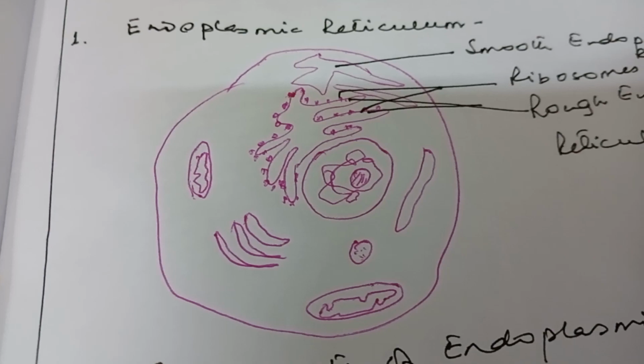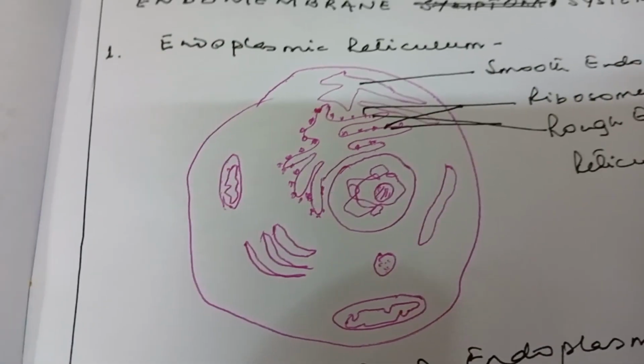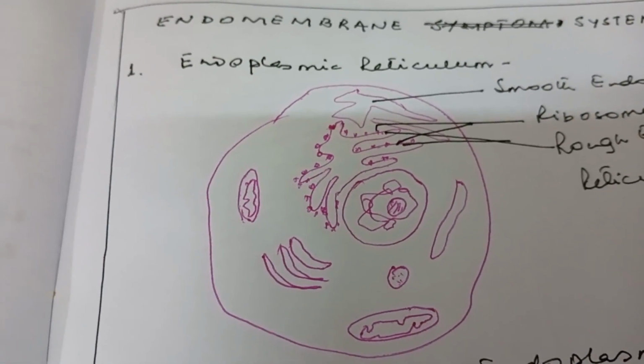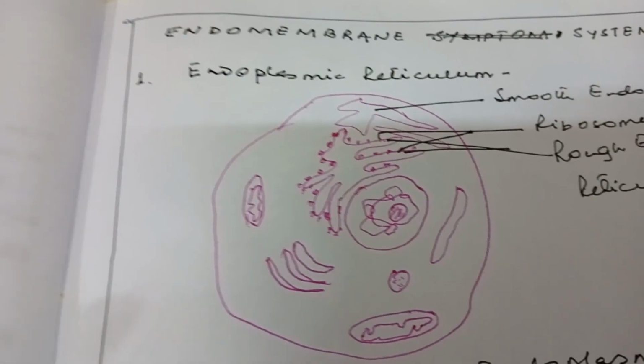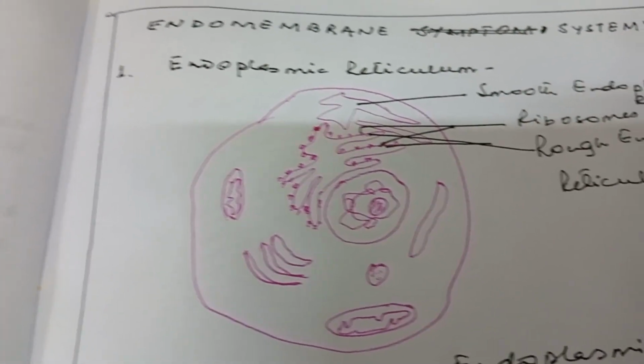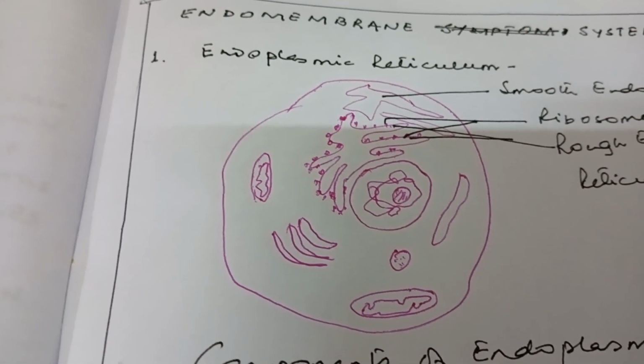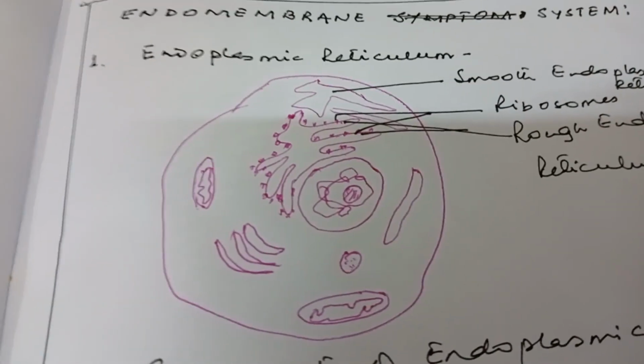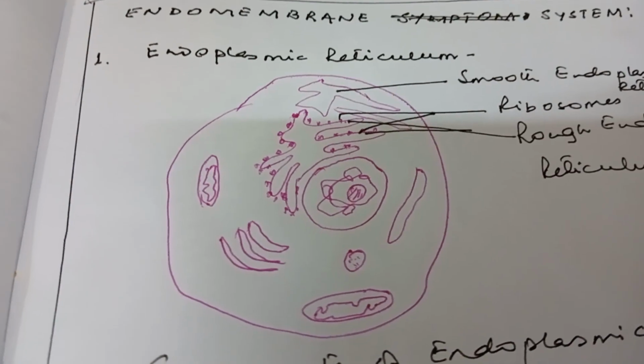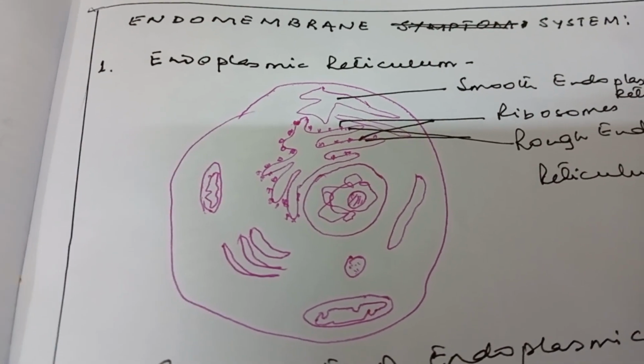These membranes divide the cell into structural and functional components or organelles. The four main components of the endomembrane system are the endoplasmic reticulum, Golgi apparatus, lysosomes and vacuoles.